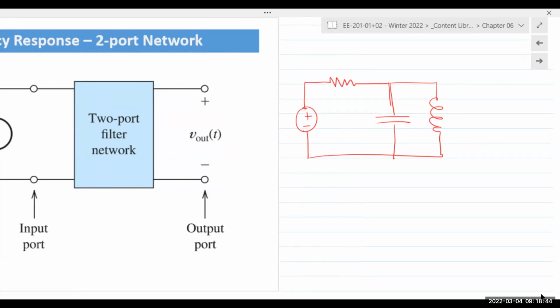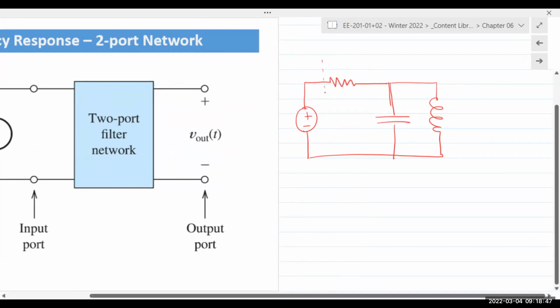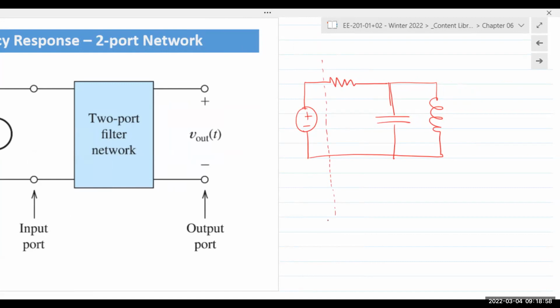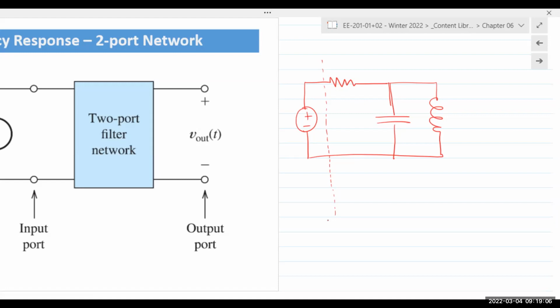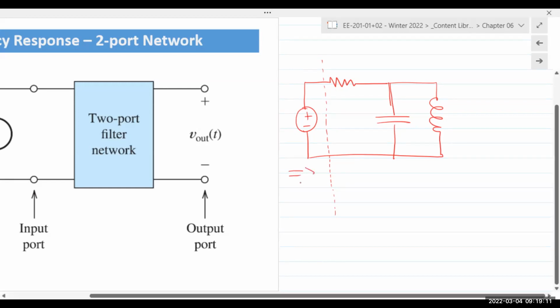If we isolate this and remove the source from the left side, the 2 terminals where the source was connected comprise a set of terminals, plus and minus, for the source. So 2 terminals put together comprise 1 port. And we refer to this as the input port.